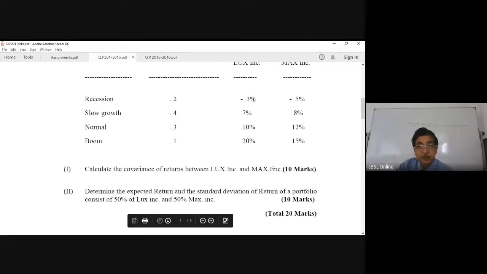What we need to do next is deduct from each of these values 7.2, and do the same here too. Then you need to have two columns. Now you have L as -3, 7, 10, and 20, and the other as -5, 8, 12, and 15. And from L, you have to deduct 7.2.